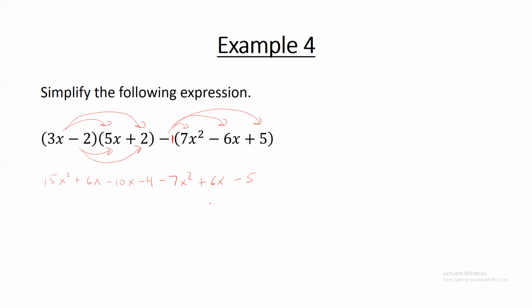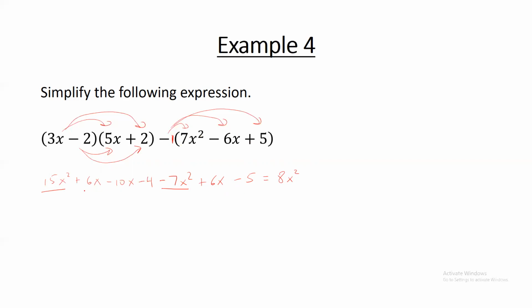Now we just have to combine some like terms. We have 15x squared minus 7x squared. That 15 minus 7 is 8, so that's 8x squared.